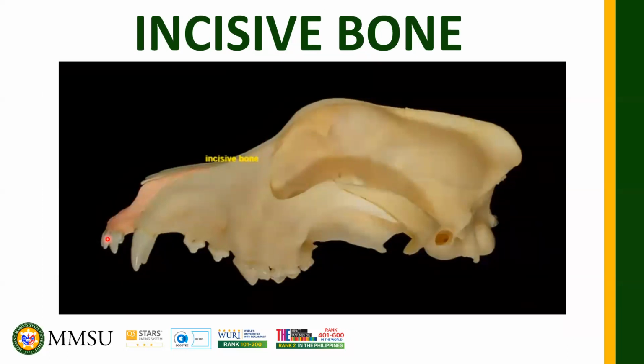So they are used in the initial processing of food during feeding of our animals. So the incisive bone is very essential in terms of prehension, which is usually the act of grasping and manipulating food items before ingestion.